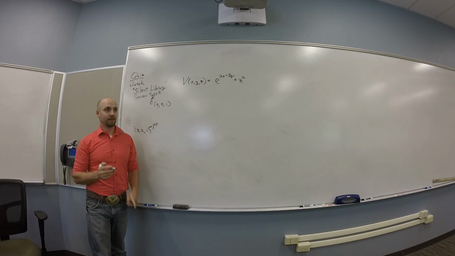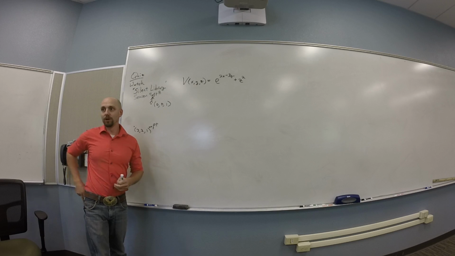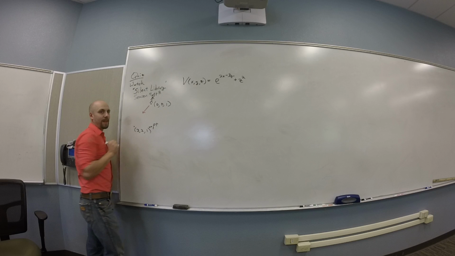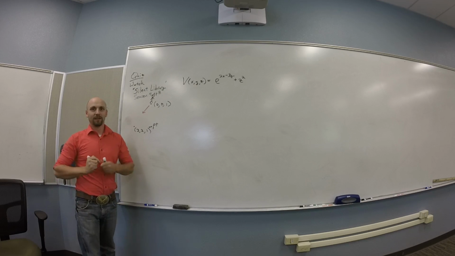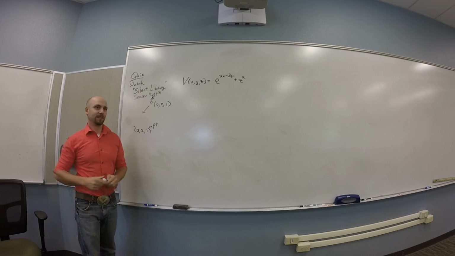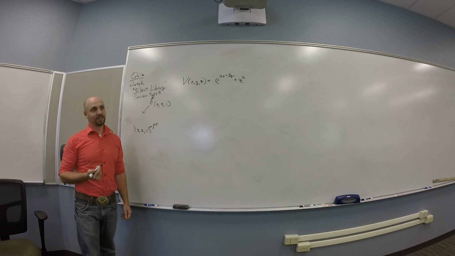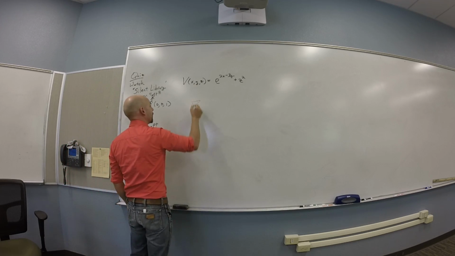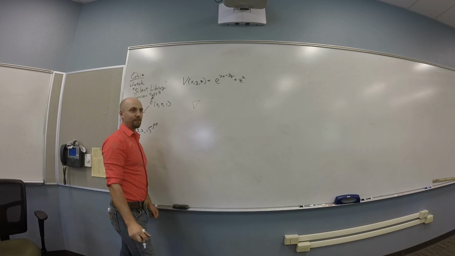Cool? So you're standing at this point and you're looking that way, and you're wondering, is it a good idea to go that way? Basically. Cool? So, what do you need for a directional derivative?